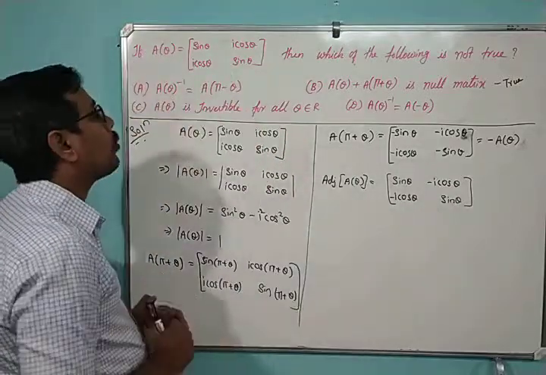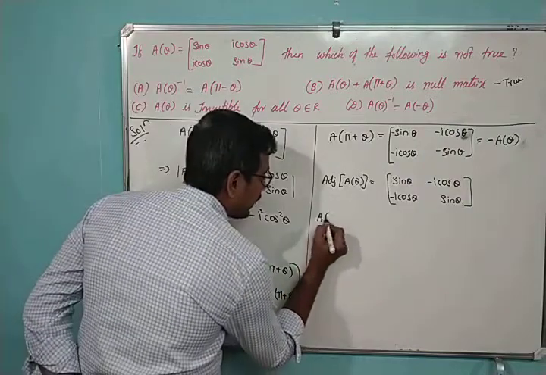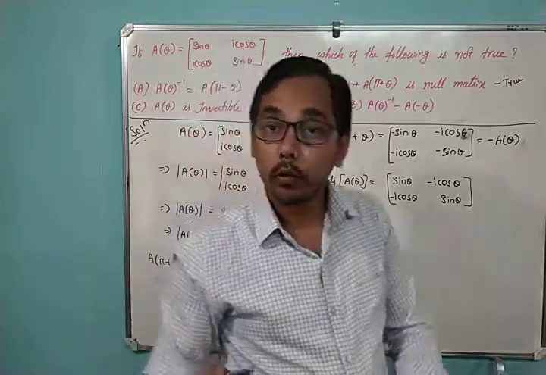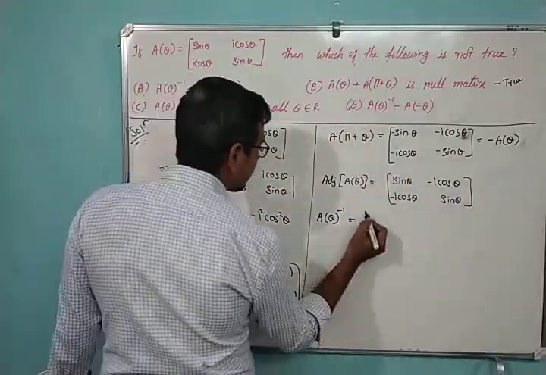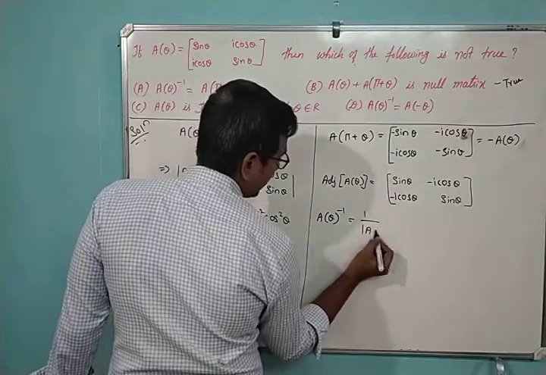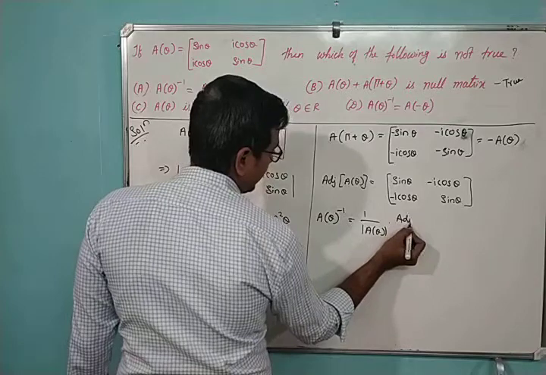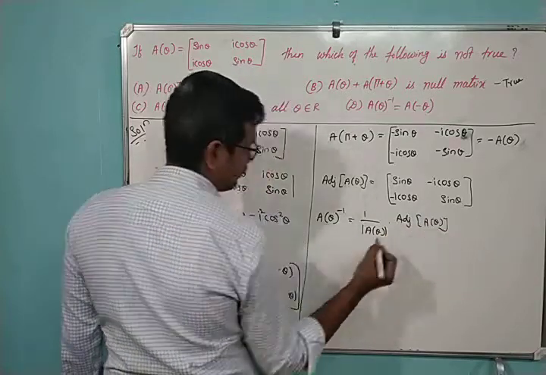So now what is A of theta whole inverse? A inverse is taken as 1 upon determinant A into adjoint A. Similarly, this can be taken as 1 upon determinant of A of theta into adjoint of A of theta. Why?